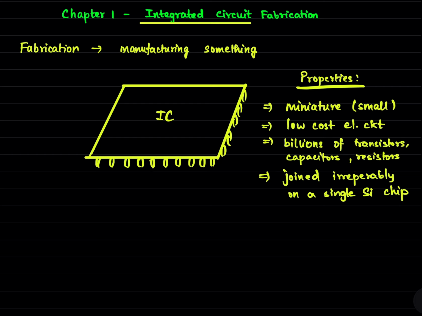One other important point: when we look at these transistors, capacitors, and resistors, you may say that in our daily life we can hold those transistors. But in the ICs, they are really small, which means these transistors, resistors and capacitors are not similar to the discrete components which we hold and perform our experiments with.